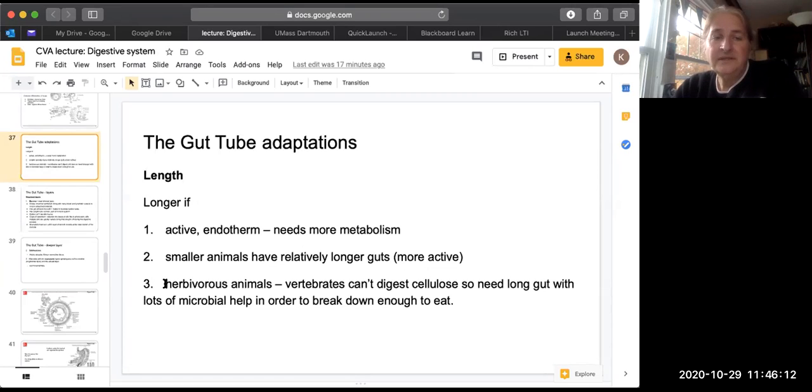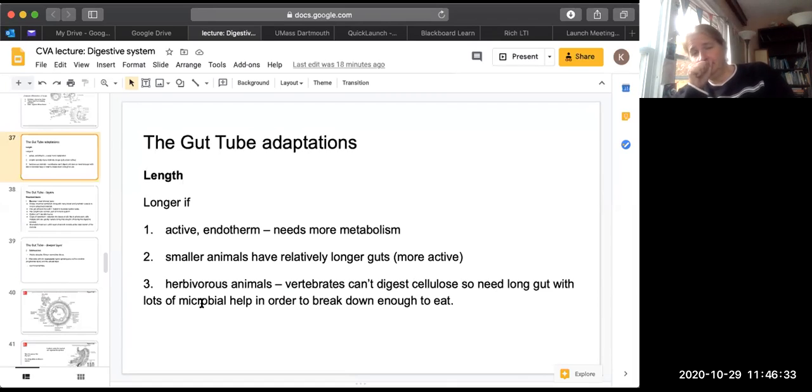And herbivores have relatively longer guts than carnivores because grasses and plants are harder to digest because vertebrates can't digest cellulose. They need a long gut with lots of microbial help in order to break down enough to eat. So herbivory is actually a derived condition because you have to have a lot of special features in order to get enough energy from plants breaking them down, right?